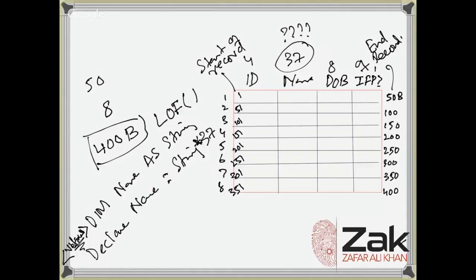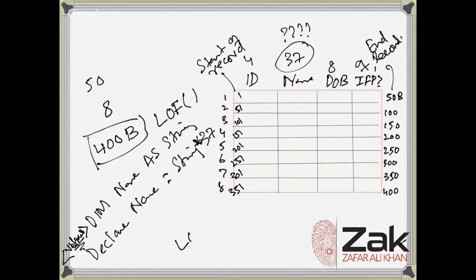But how many fields are these? So I told you how to enforce the system not to vary the size of a string and to keep it fixed, so that we have a fixed length record. What is the advantage of it?